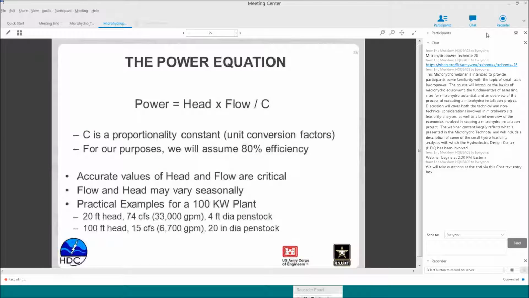Now I'd like to revisit the fluid power equation. Again, recall the factors are head and flow. The proportionality constant, the C that I mentioned here, is determined by the conversion factors, depending on the units that we use for head and flow, as well as the specific weight of water, such that the head is actually converted to pressure.